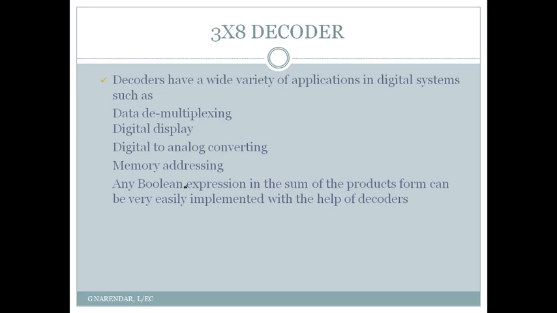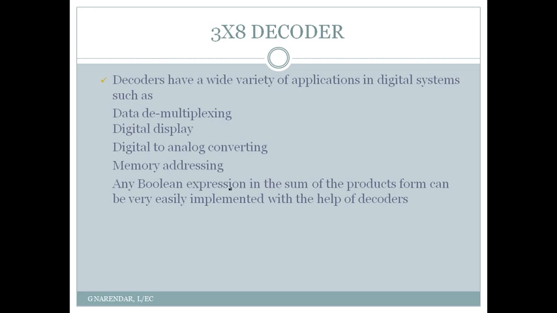So for example, if I have a 3 variable function and I use a 3 by 8 decoder, this decoder produces all the 8 minterms, but my function is expressed as the sum of only 4 minterms. So what you have to do, out of the 8 minterms produced by the decoder, is select the minterms which are present in the expression of the function, and use an OR gate to sum all the minterms that are required to realize the function.